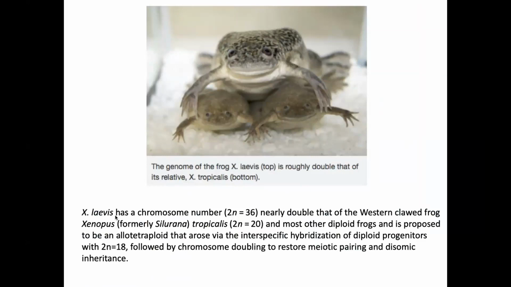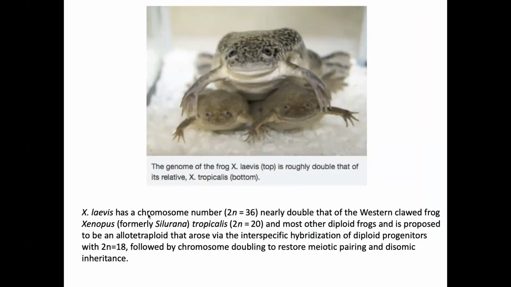And what they've recently determined is there's pretty strong evidence that this particular species of frog, the clawed frog, is an allotetraploid of two original progenitor diploid species. One of those species is extinct, but the other one still exists.